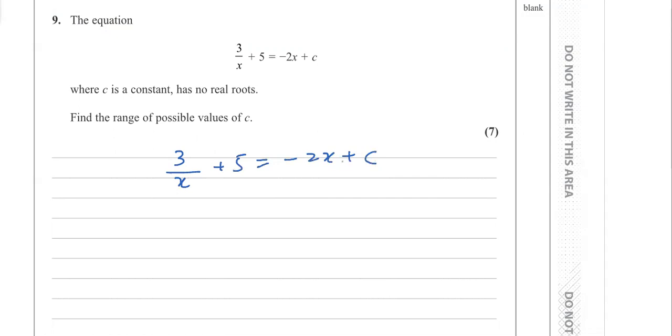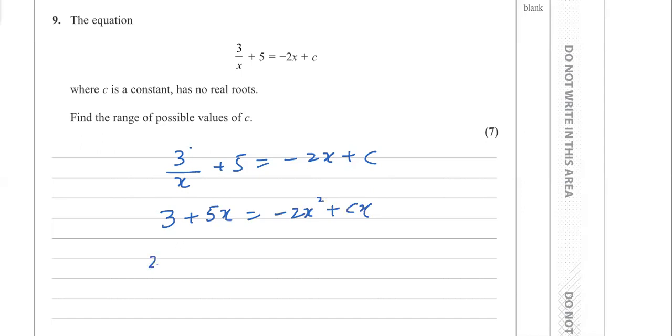If we multiply both sides by x, then we can get rid of this denominator. So multiplying 3 over x by x gives 3, plus multiplying 5 by x gives 5x, equals minus 2x multiplied by x, which becomes minus 2x square, plus cx.